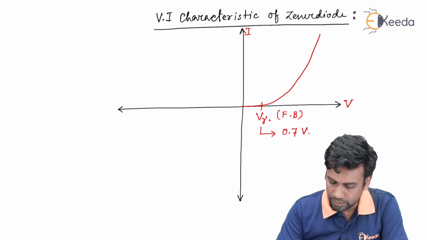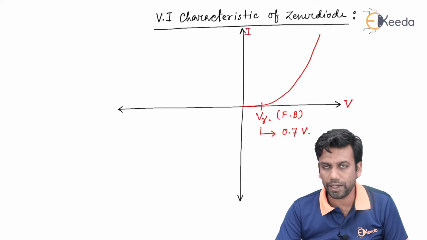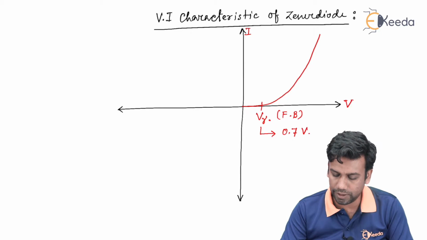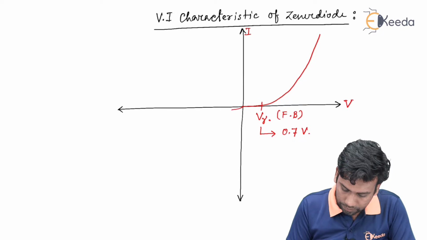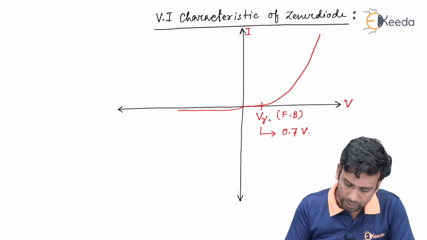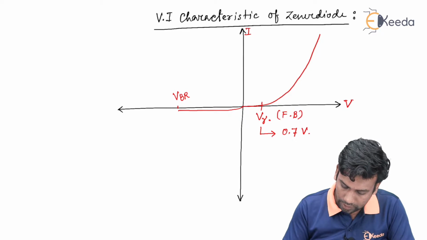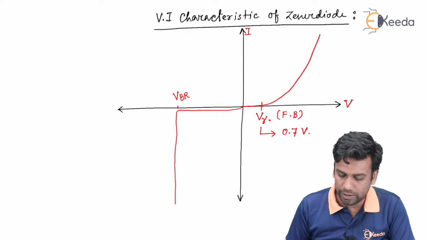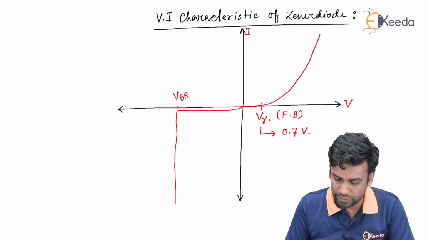Now, Zener diodes are specially designed to operate in the reverse bias section. In the reverse bias section the current will be very small, but at the breakdown voltage, that is VBR, the current will increase rapidly, and the Zener diode can operate after the breakdown voltage.